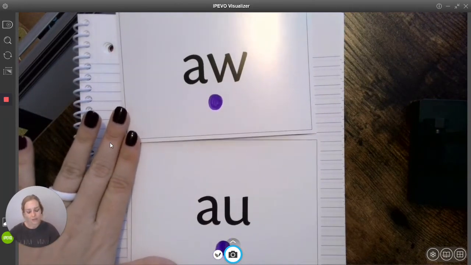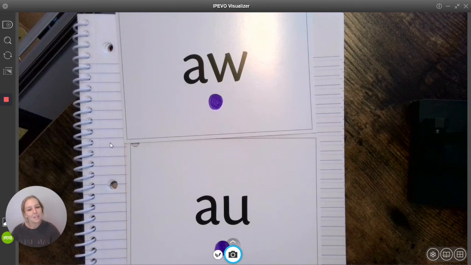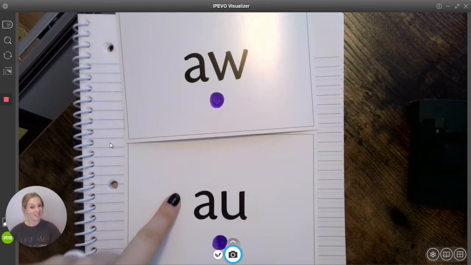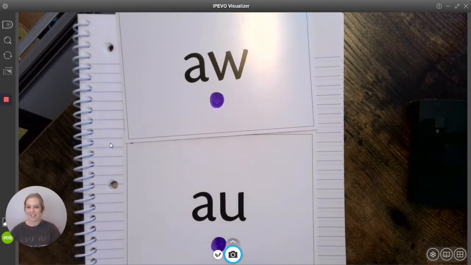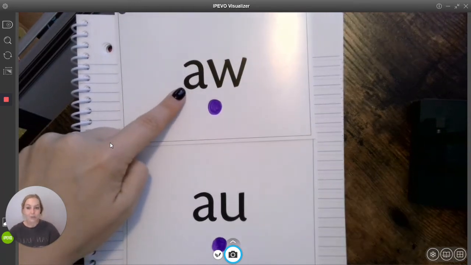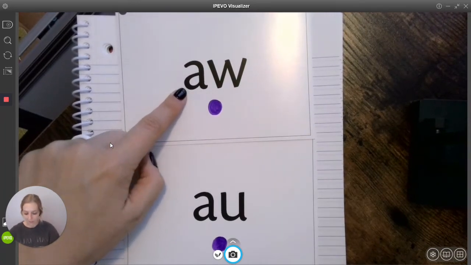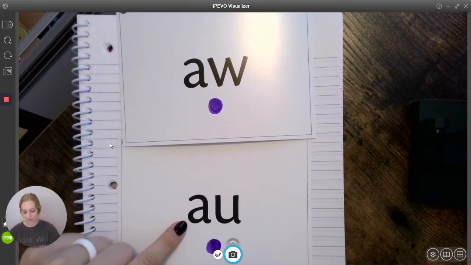Which one do you think can be used at the end of English words? Which is going to be our hint for it. Did you say this one? If you did, that's wrong. It's this one. AW can be used at the end of English words. Why can't this one be used?